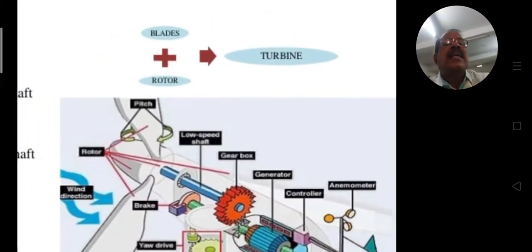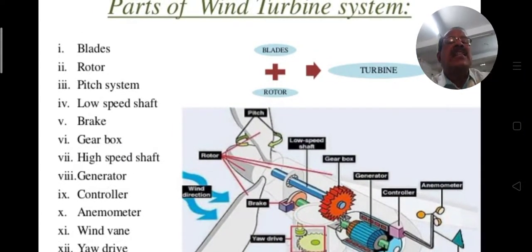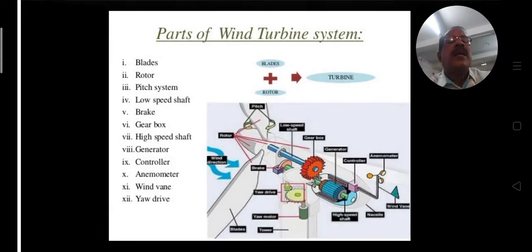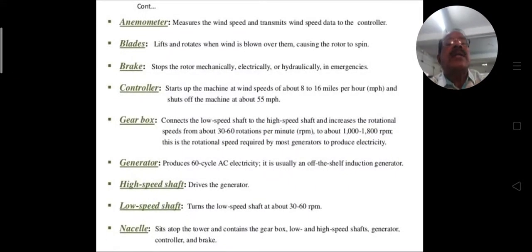This is the simple mechanism: blades and rotor give us the turbine. The turbine is built with the blades and rotor. In this, the rotor, shaft, gearbox and generator are the main parts, and many small parts are arranged in this turbine.